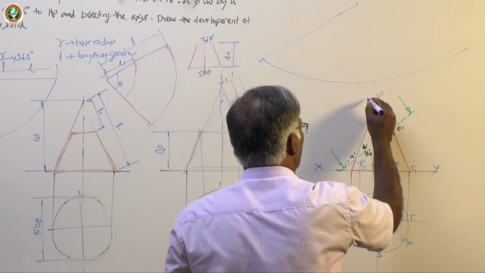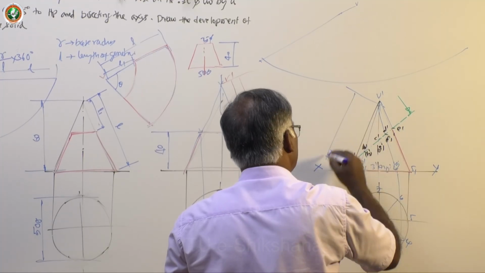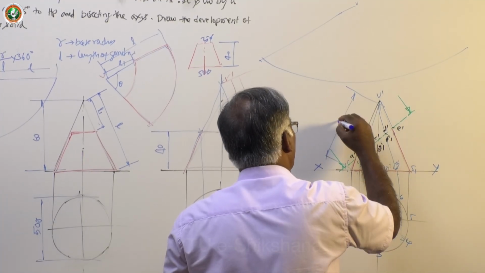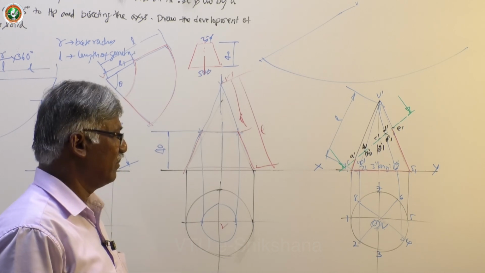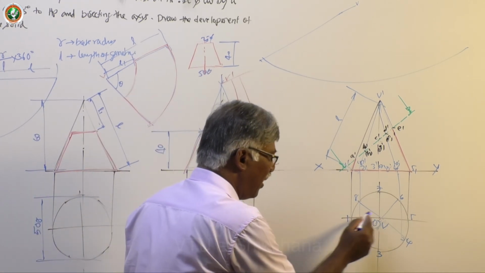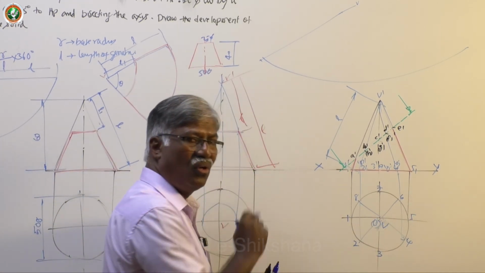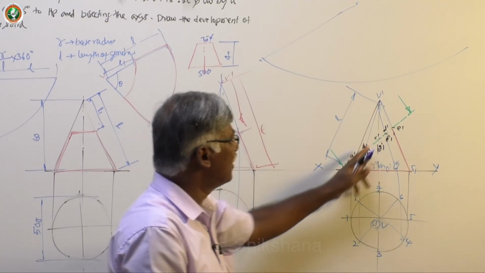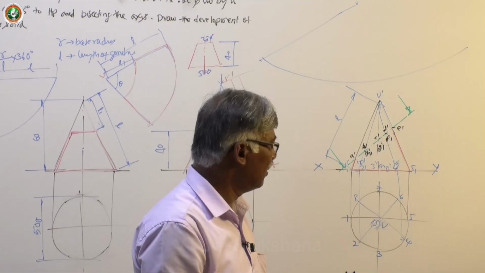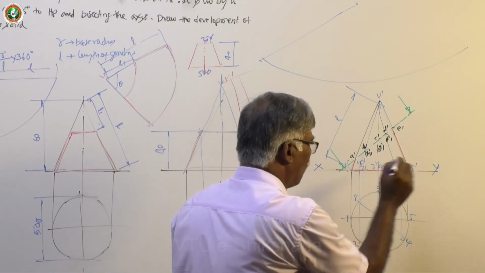What is the value? This is L, the true length of the generator, because V1 and V5 are parallel to XY. Definitely V dash 1 dash and V dash 5 dash are true lengths.